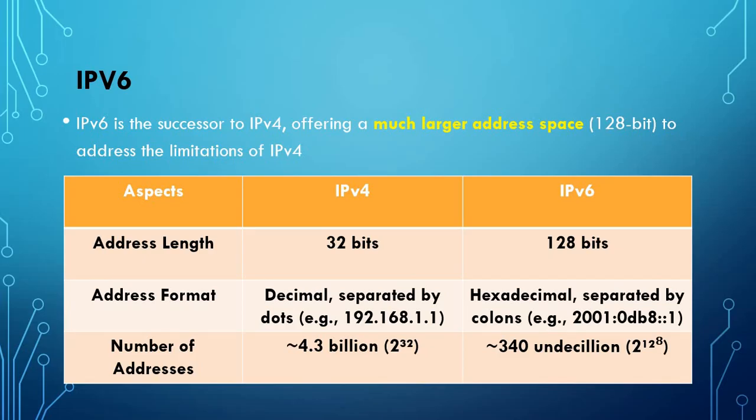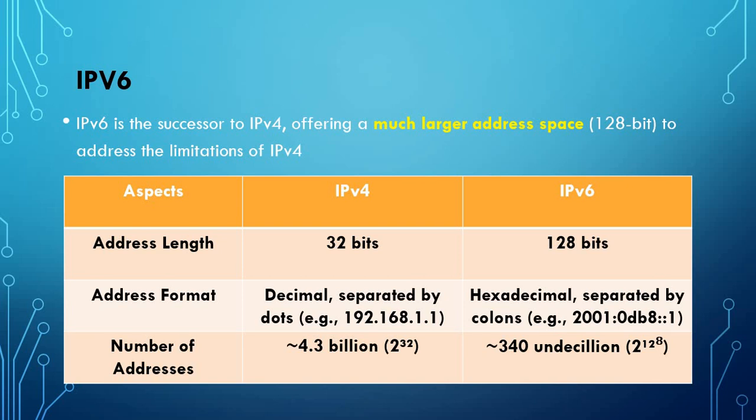Another version is IPv6. IPv6 is the successor to IPv4, offering a much larger address space because it uses 128 bits to address the limitations of IPv4. So the table shown on the screen shows 3 aspects of comparison between IPv4 and IPv6. The first one is address length.